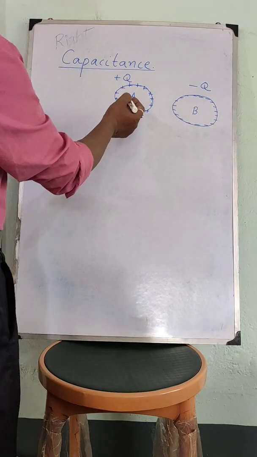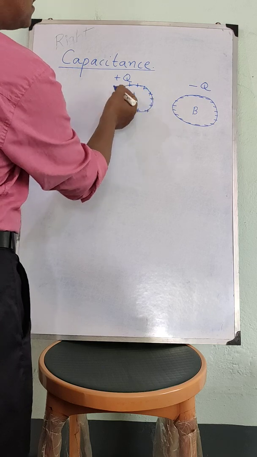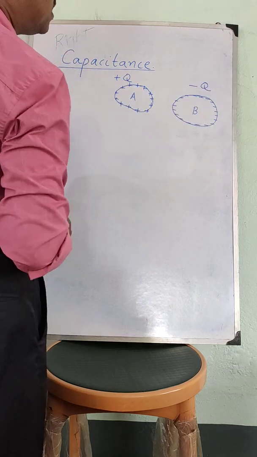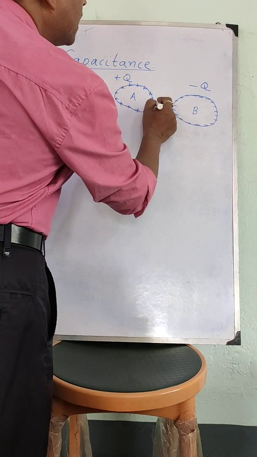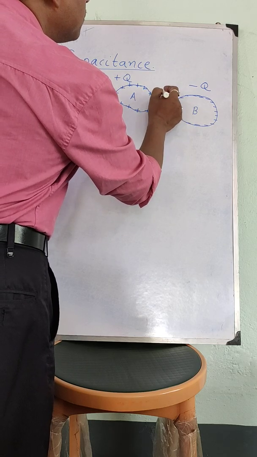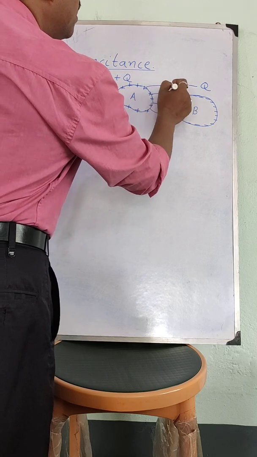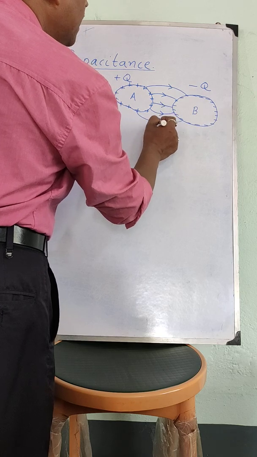Okay, so we have two conductors. This conductor has charge plus Q, and this conductor has charge minus Q. Now the lines of forces will be like this, from positive to negative charges.